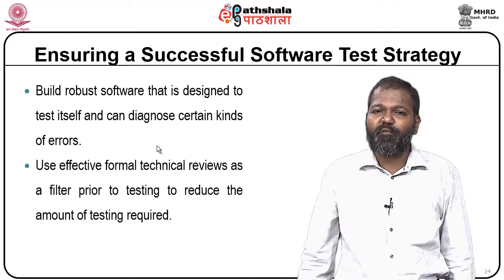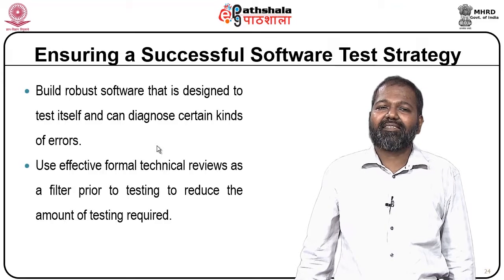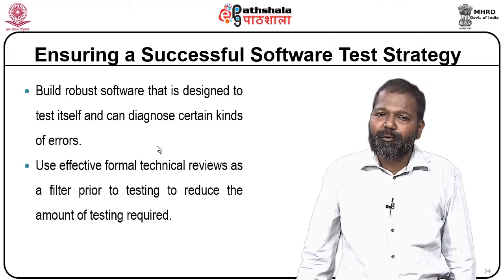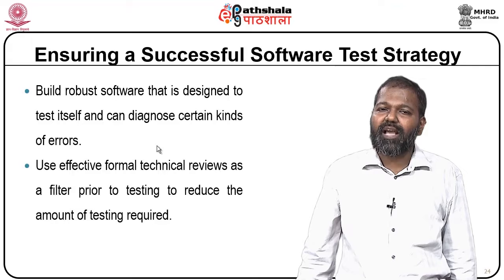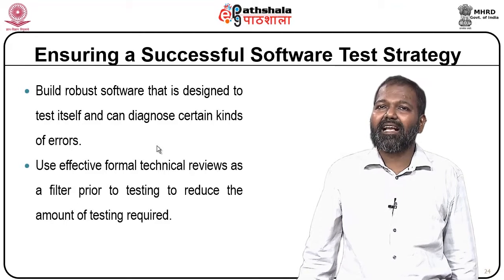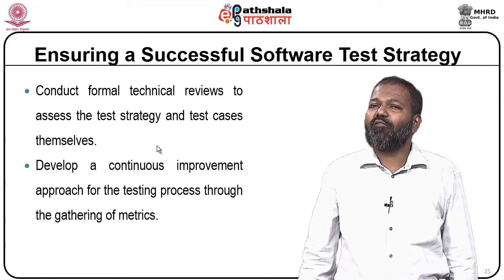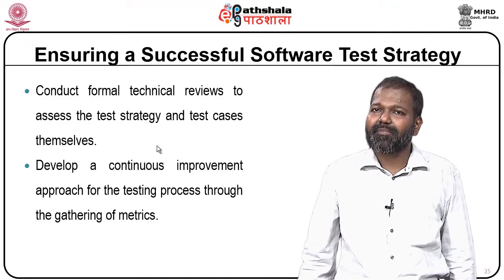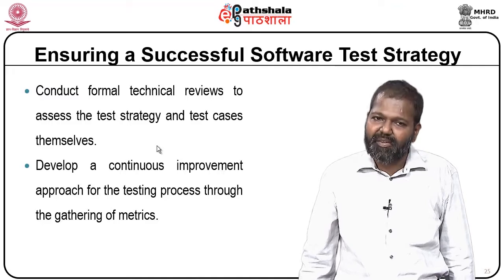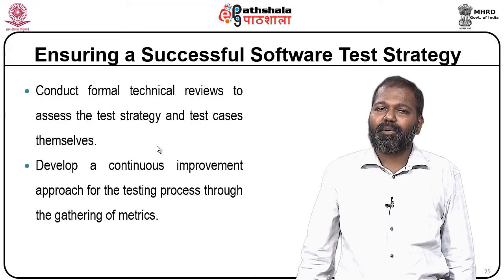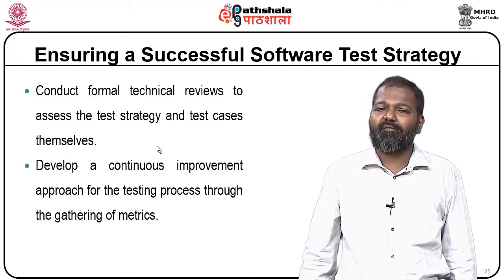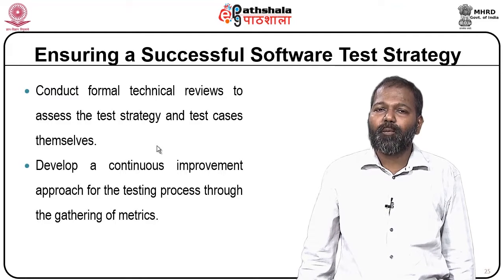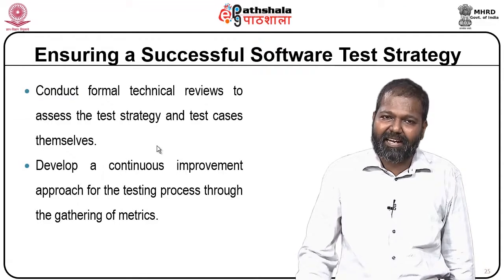Use effective formal technical reviews as a filter prior to testing to reduce the amount of testing required. Conduct formal technical reviews to assess the test strategy and test cases themselves. Develop a continuous improvement approach for the testing process through the gathering of metrics.